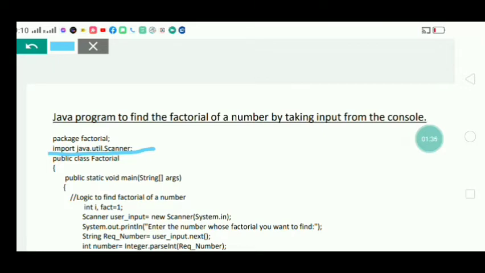Since I have taken the package name as factorial, my class name is also factorial, which will be public by default because the main function is present in my class factorial.